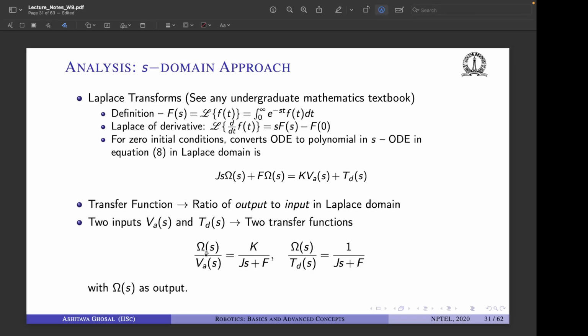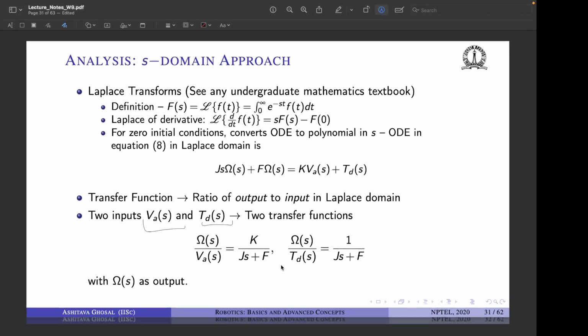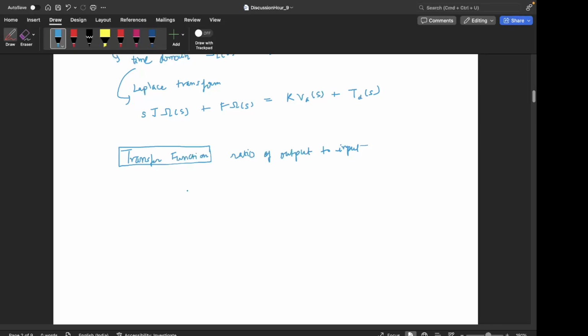So we have two inputs, right? We have the applied voltage and the external disturbance. And we have two transfer functions. If Td is taken as 0, then omega(s) by Va(s) is equal to k by f plus sJ.